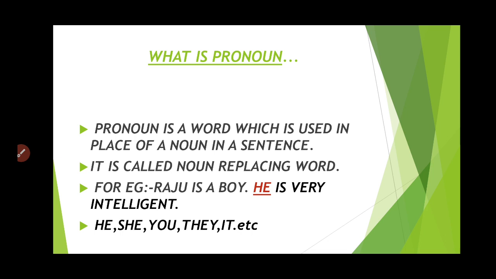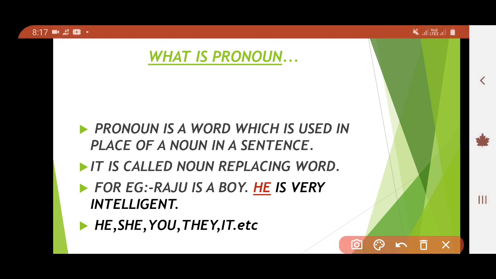So let us look at the example. Raju is a boy. He is very intelligent. I have used here that Raju is a boy. So here Raju is a noun, yes or no? But in the second sentence I am using here he. So he here is replacing this Raju.